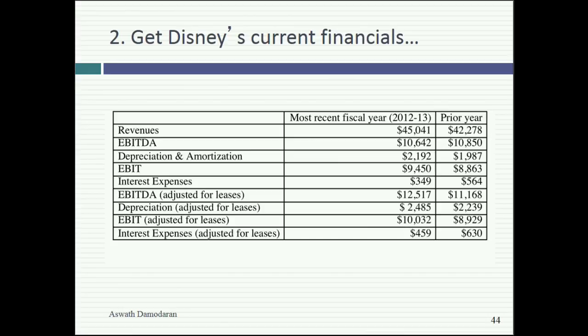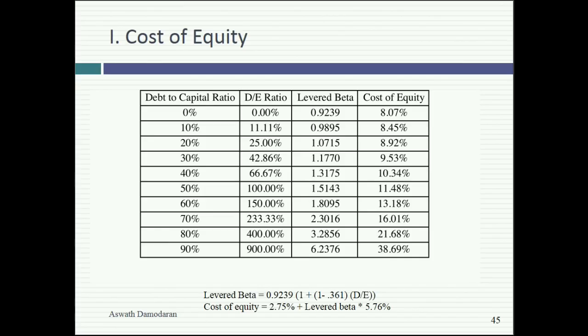So we have the raw data done. Let's get the easy half of the equation done first. I'm going to try to compute the beta for Disney at every debt ratio from 0 to 90%, right? My unlevered beta is 0.9239. You saw where that came from by looking at the 5 businesses they were in. I changed the debt ratio to 10%, 20%, 30%, 40%. This is just a standard levered beta equation.